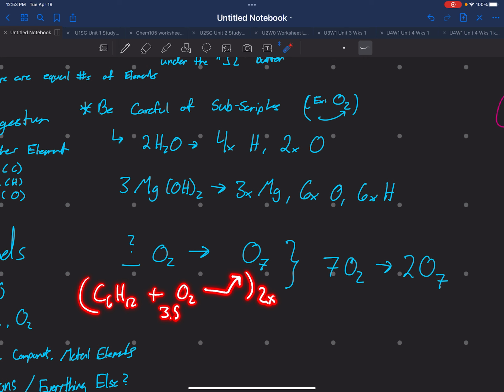This isn't actually balanced, because there's no carbon on the other side. But whenever you multiply by 2, it would be 2C6H12 plus 7O2 leads to that 2O7. Oh shoot, but I hope my point got across.